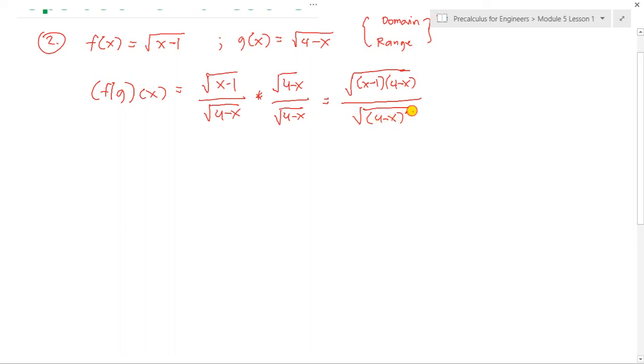Since the exponent is the same as our index, it cancels. What's left is just the square root of x minus 1 times 4 minus x, and the denominator is 4 minus x. So you can base your domain and range on this form because it is still the same as our first one, since we just rationalized, or we can also base our answer here.